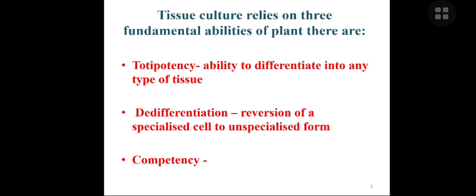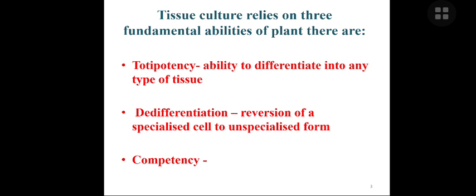So tissue culture relies on three fundamental properties of a plant. One is totipotency. Totipotency, we know, is the ability to differentiate into any type of tissue. That is seen in most of the plants.